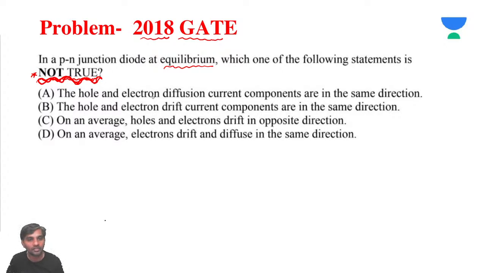The hole and electron diffusion current components are in the same direction. The hole and electron drift current components are in the same direction. The holes and electrons drift in opposite directions. He's talking about drift and diffusion. Let me draw the PN junction diode now.